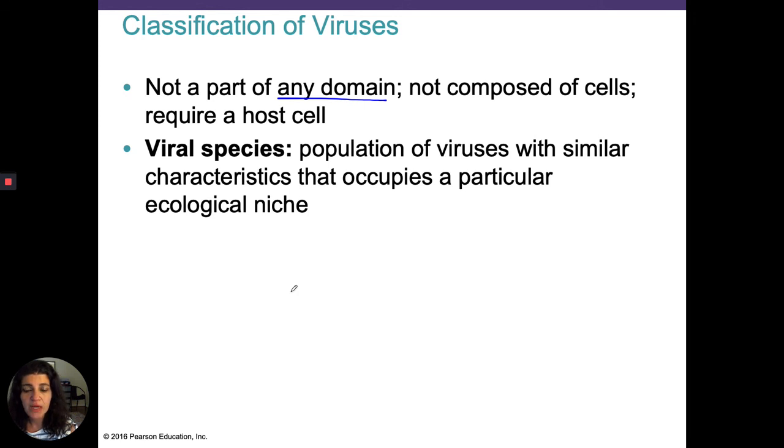Actually, not even species. They have usually just the genus name. Okay? So we're going to see that later. So they don't have any domain and they don't belong to any kingdom. They do not have a cell. So it's really hard to include them, that's why they don't include viruses in this taxonomic and phylogenetic classification. Because they don't have a cell. They cannot even reproduce unless they're inside a host cell.